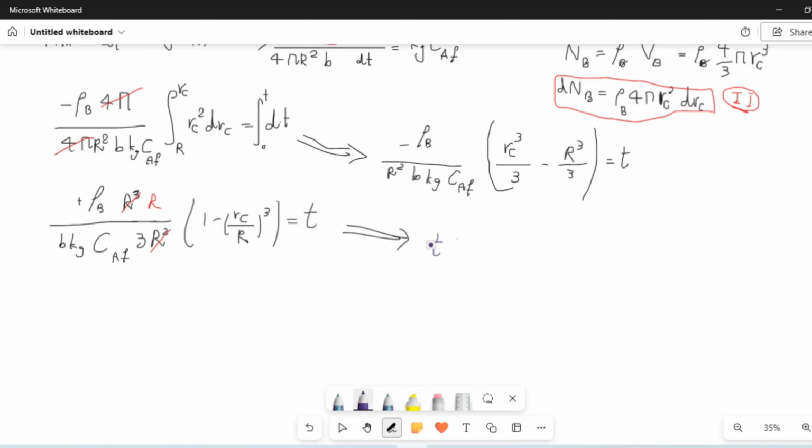So we can now write the final equation, which is t is equal to rho B R over 3 b kg CAF, multiplied by a parenthesis, which is 1 minus rc over capital R cubed.